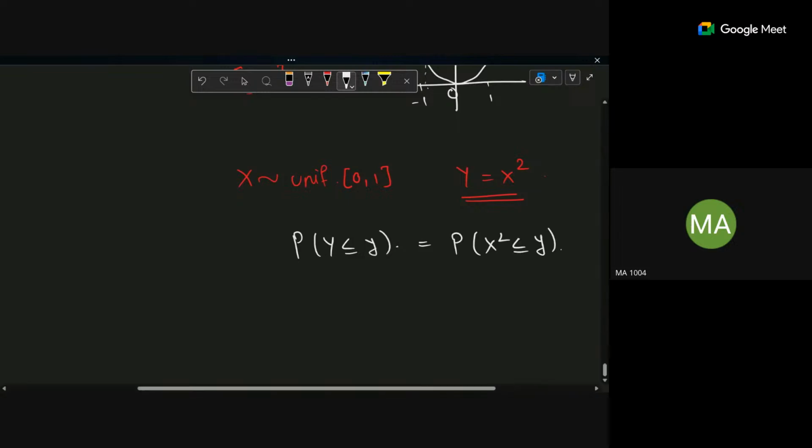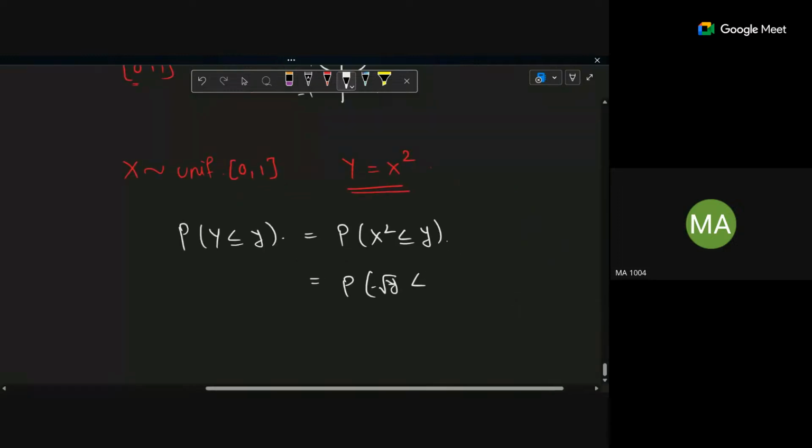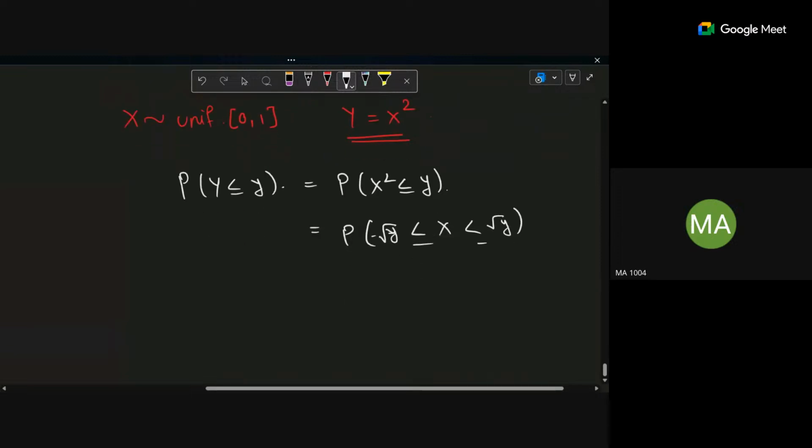At that time, x lies between minus square root y to plus square root y, but in the next step I do not need this minus square root y because it is not in my given support of x. So I will integrate from 0 to square root of y. So we have to adjust our limits according to the support.